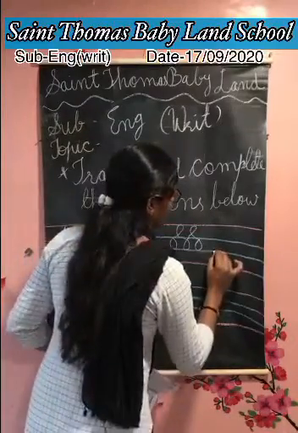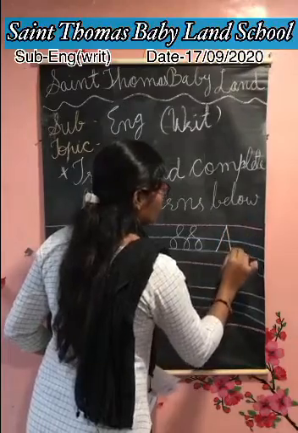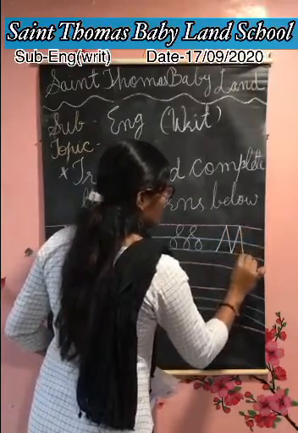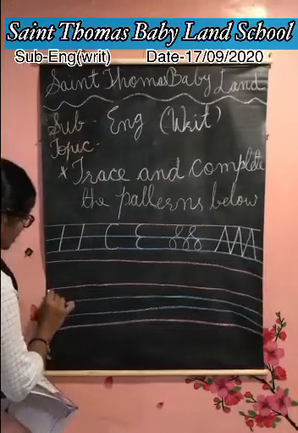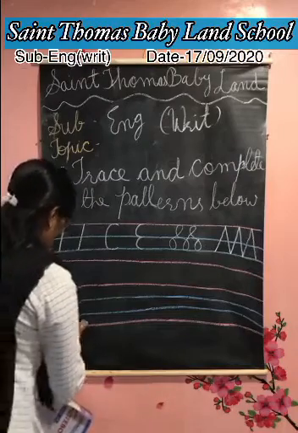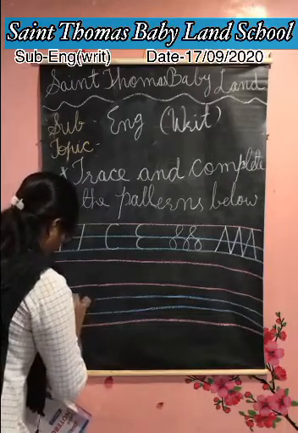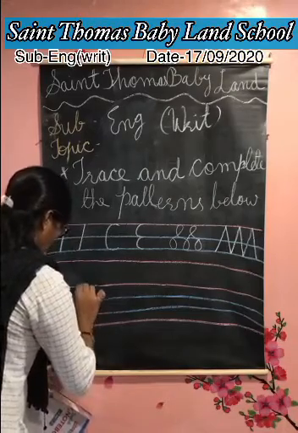Next pattern is start with a blue line, come down, go up, come down, go up and come down. Next pattern is start with a red line, come down, go up, come down, go up, come down, go up.